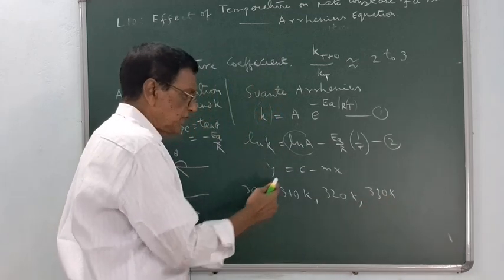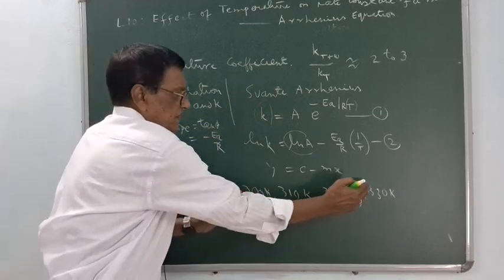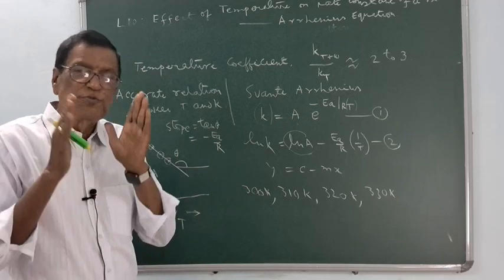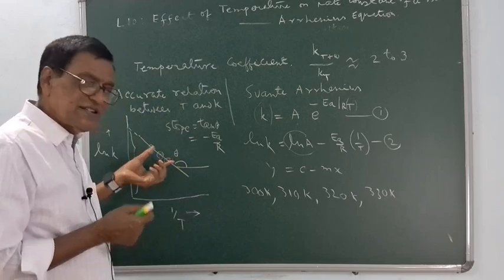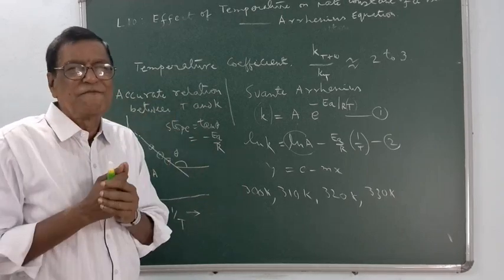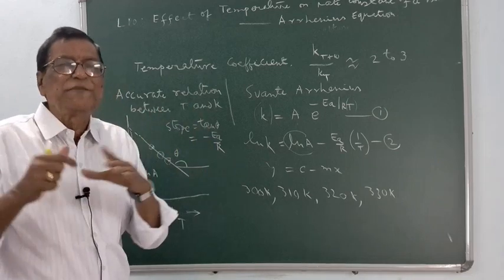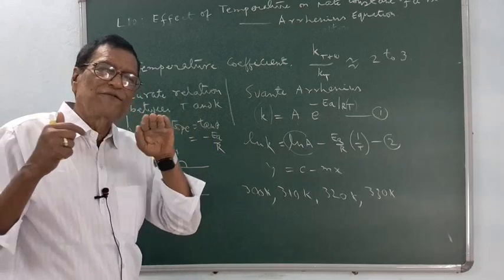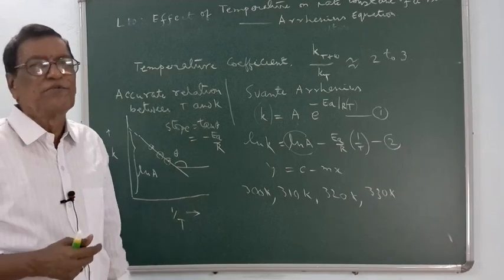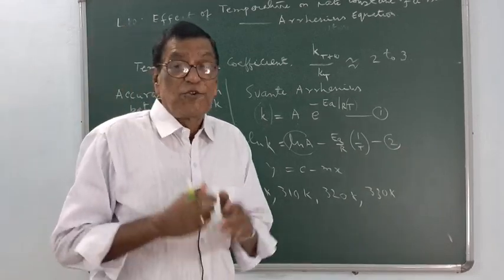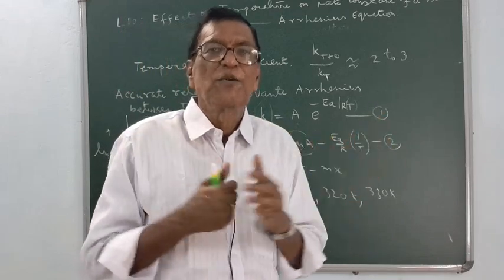But whenever we consider 1 by T, these points will be very close to each other, and from those points it is very difficult to extend the curve to cut the y-axis. This is the trouble for doing this experiment. Very, very difficult job actually.